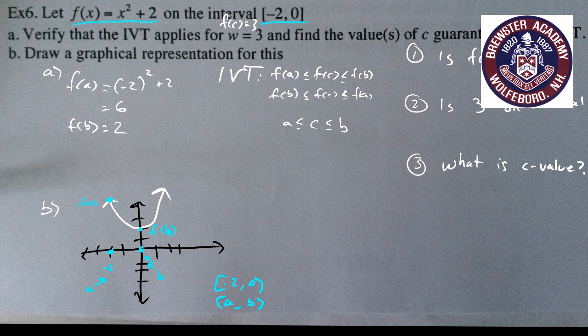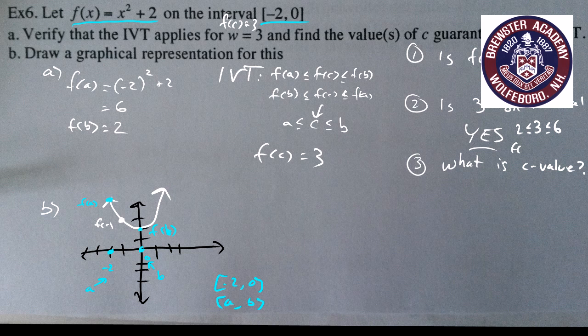So if we come back to the intermediate value theorem, if our f of c is between our f of a and our f of b, then there has to be a c value between our a and our b. So f of c equals 3, so it's asking whether our function value 3 is between our f values. Yes, 3 is on our interval because 3 is between 2 and 6.